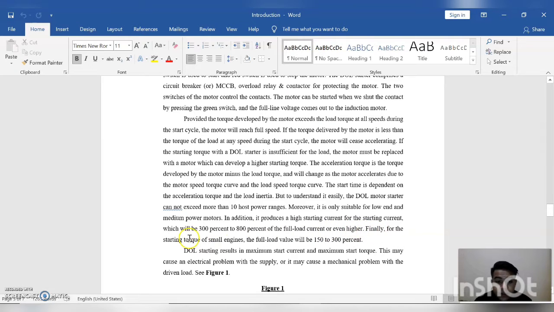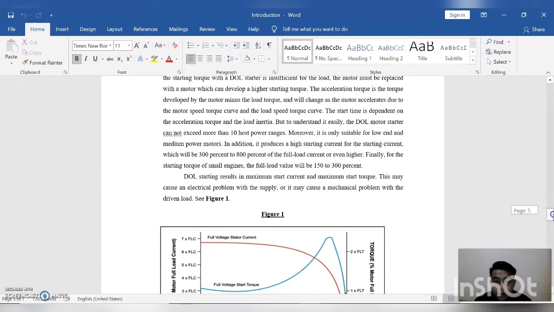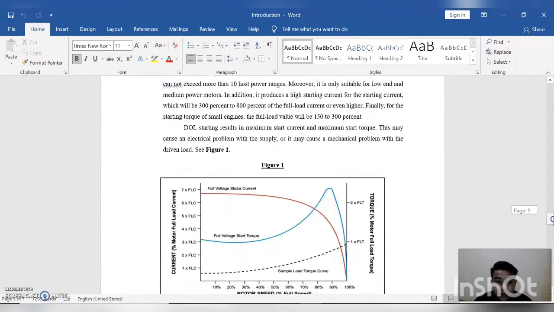Finally, the starting torque of small motors will be 150 to 300% of the full load value. Direct online starting results in maximum start current and maximum start torque. This may cause an electrical problem with the supply, or it may cause a mechanical problem with the driven load.